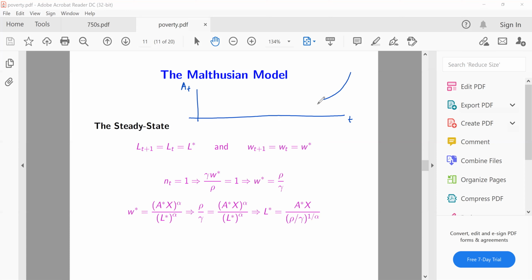So innovations and all this stuff imply this as a growing level. Suppose that this is 1950s, okay? But before that, maybe the situation was like this.